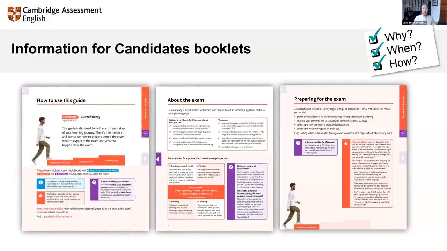This little section in the middle called About the Exam is, unsurprisingly, about the exam. It contains some information about how it is structured. It's an overview of the 4 papers, what they assess, how they are weighted. So that answers some of the questions that people were asking right at the beginning. That will help learners think about where they need to focus some of their preparations.